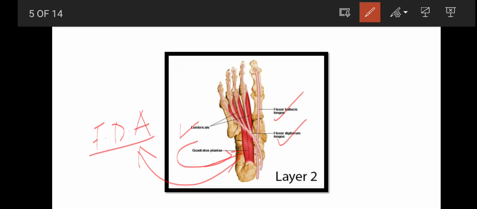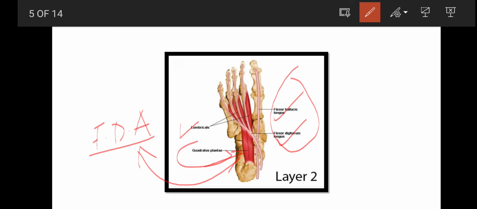Now, when you learn about these two muscles, if you remember the names of the deep muscles of the back of the leg region, you can find that there are these two muscles, flexor digitorum longus and flexor hallucis longus. These are muscles coming from the deep muscles of the posterior compartment of the leg.